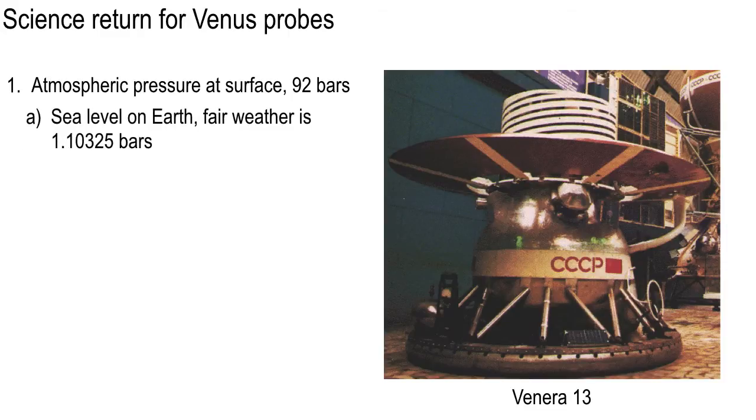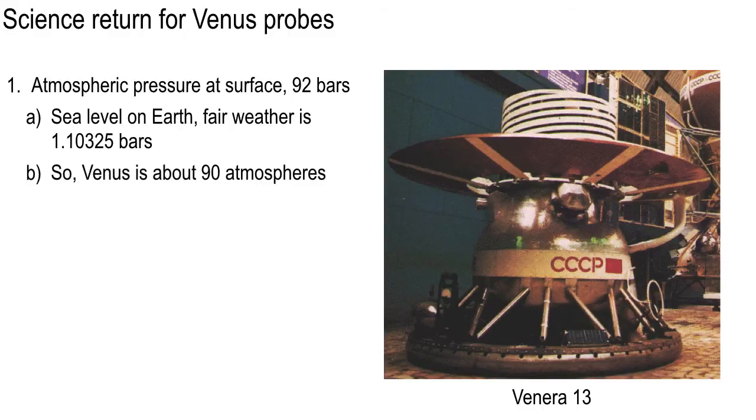Now, Earth's surface pressure on a fair day at sea level, 1.01325 bars, or as they say on the Weather Channel, 1,013 millibars. And so 92 bars would be 92,000 millibars. And that is a lot of pressure.